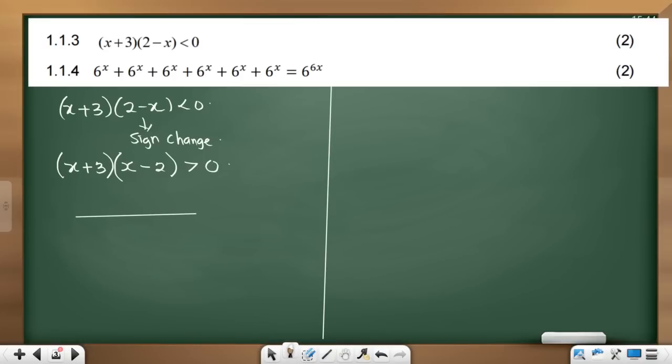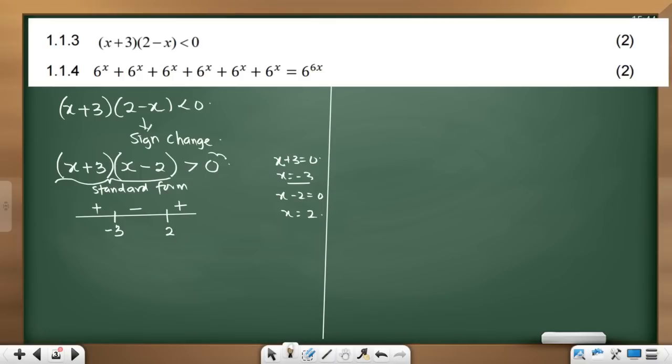I draw my number line quickly and I get my critical values. In case you don't know how we get critical values, we say -3 and the other one. You don't show this, just know it. Smaller number on the left, bigger number on the right. Once I have this in standard form, look at what my signs would be: plus, negative, plus.